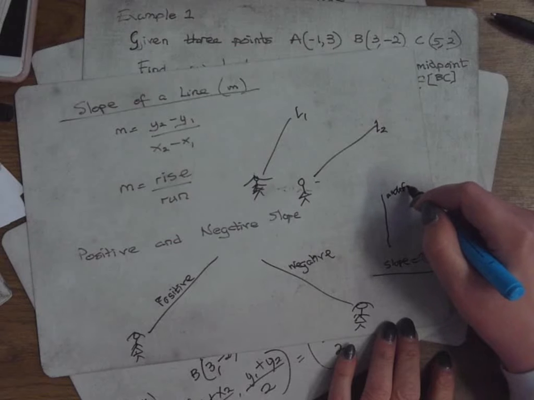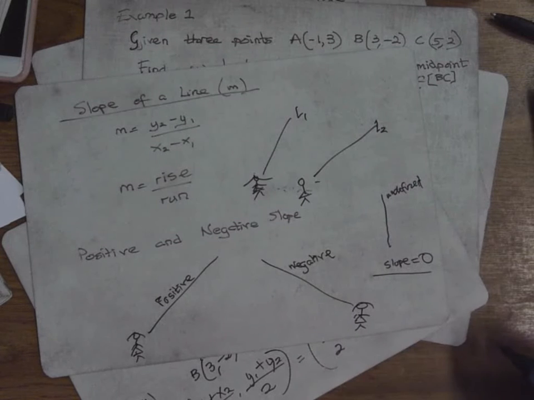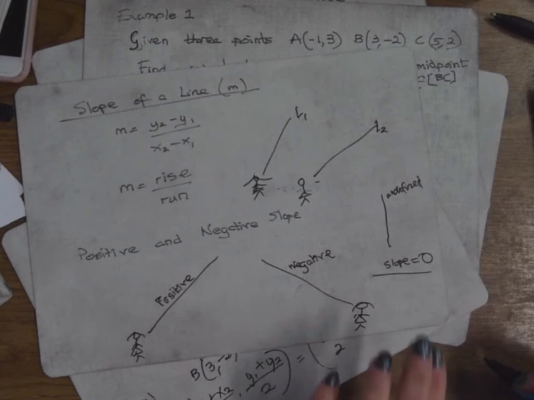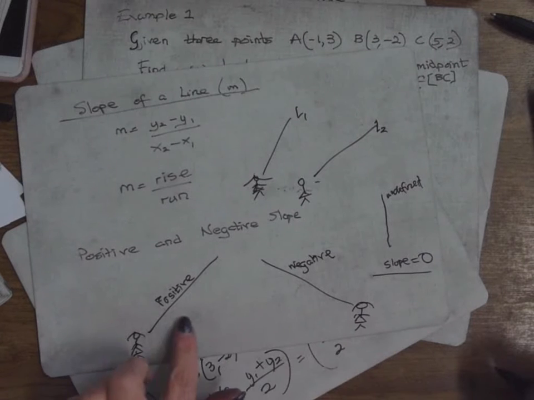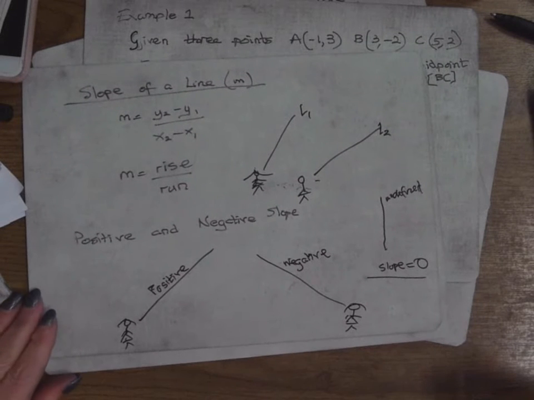So the slope of a vertical line is undefined. As in, the number is so big, we can't even put a value on it. Is that alright? Undefined, slope of 0, positive, negative. Remember that. Are we okay to move it on?